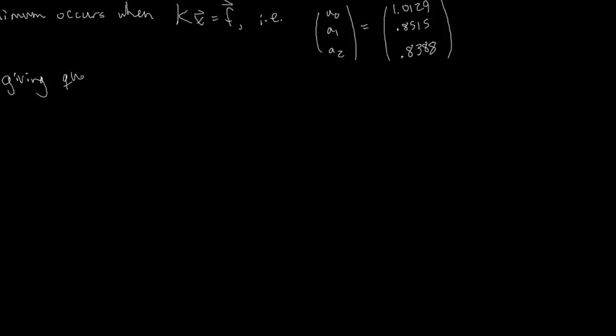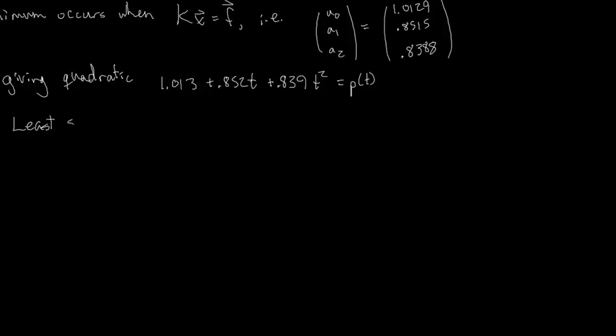And that gives you a quadratic polynomial that looks like 1.0129 plus 0.8515 t plus 0.8388 t squared, which approximates the function e to the t across the whole interval from 0 to 1 without having to bother with Taylor series.